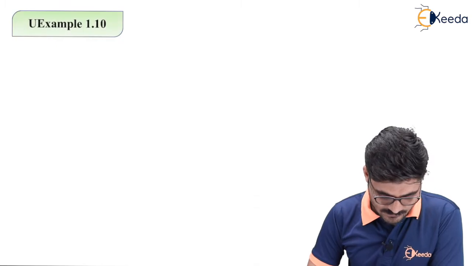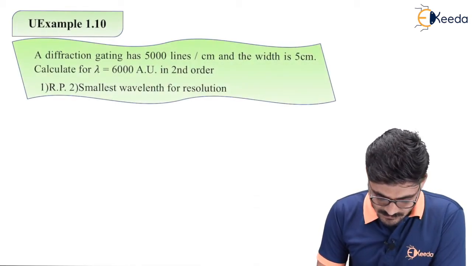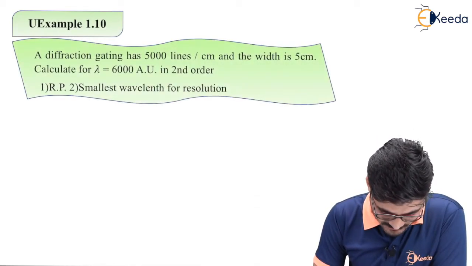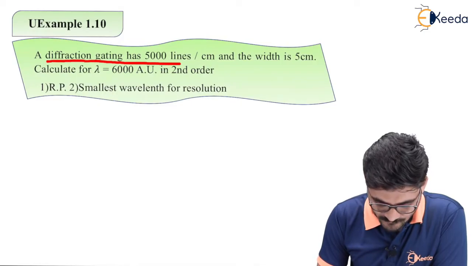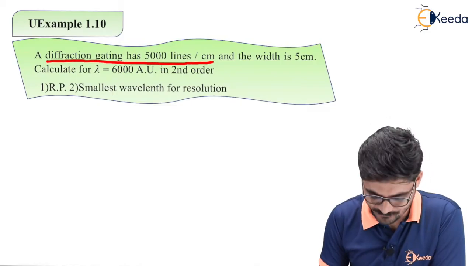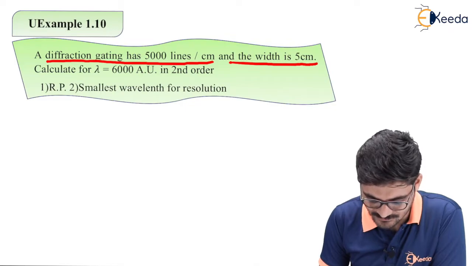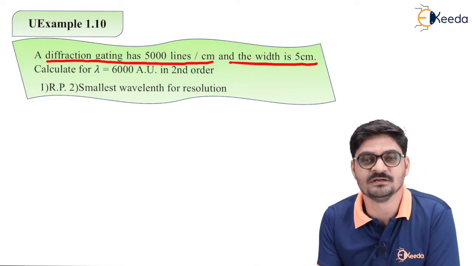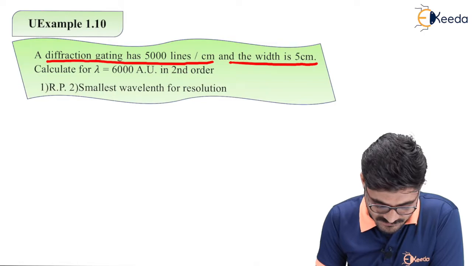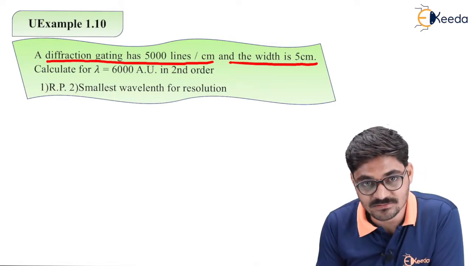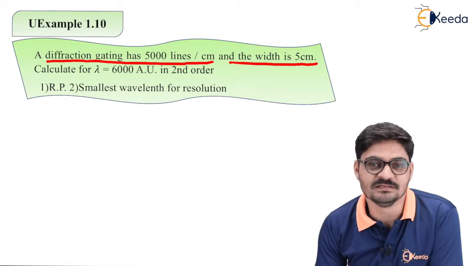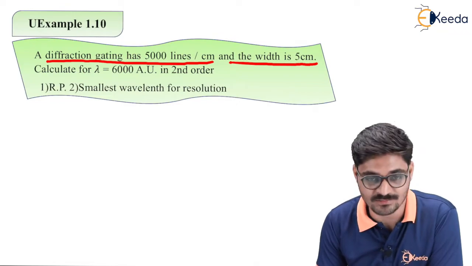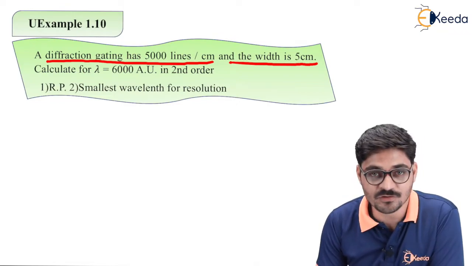So the next numerical is: a diffraction grating has 5000 lines per centimeter and the width is 5 centimeter. Now try to guess the given data here only. The diffraction grating has 5000 lines per centimeter, meaning each centimeter has 5000 lines and the total width is 5 centimeter.